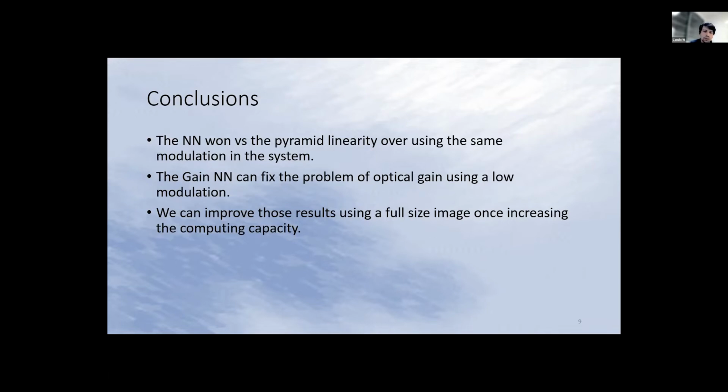And we also have to consider that the optical gains are included in real time for each prediction. Most importantly, we can improve those results because we are using a low resolution image. So the next step is using a higher resolution to get, I think, much more accuracy in the prediction using the neural network.